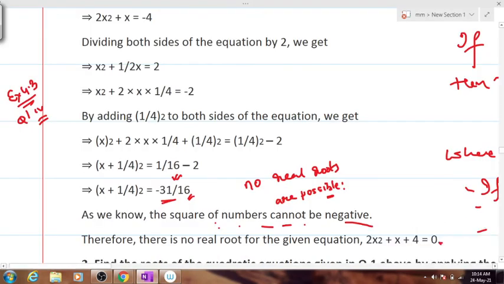Did everybody understand why no real roots are possible? Because the square root of a negative number is not there for you in class 10th. Clear? Let me know when this is done. We'll have to move to the next topic.